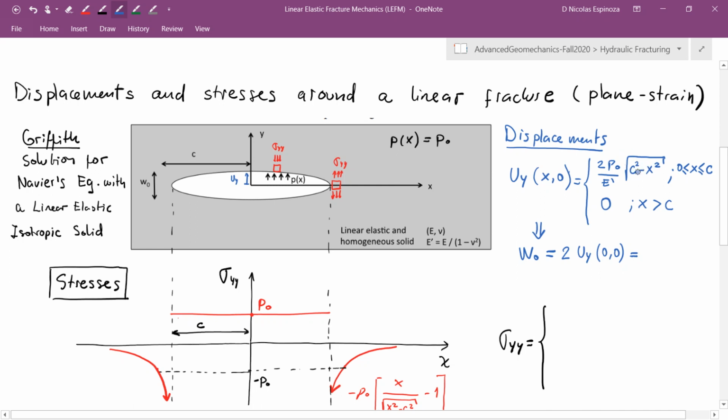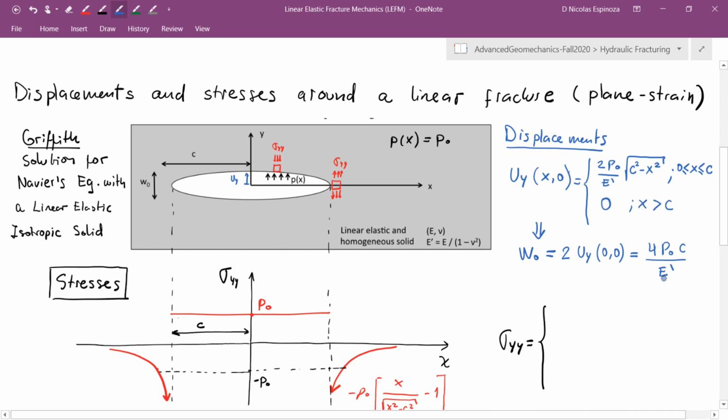So 2 times 2 p naught c divided by the plane strain modulus is just going to be 4 times the pressure times the fracture half length divided by the plane strain modulus. So this is going to be the fracture width for a constant pressure in the fracture with a fracture half length c and a plane strain modulus E prime.